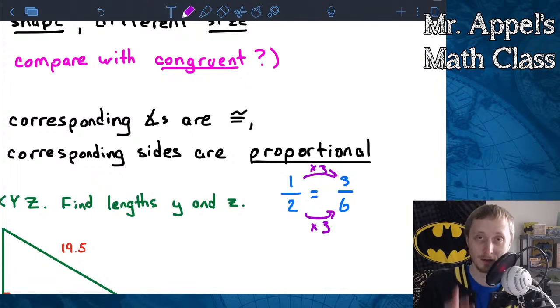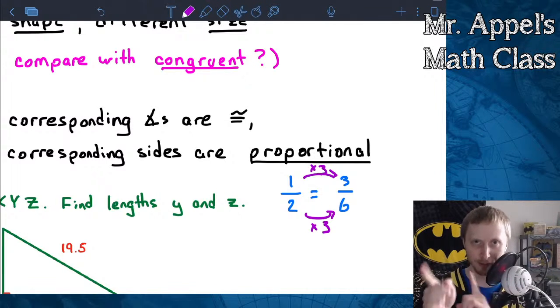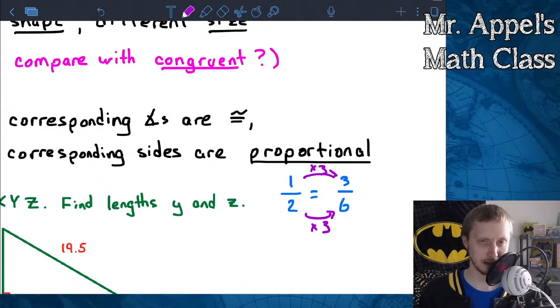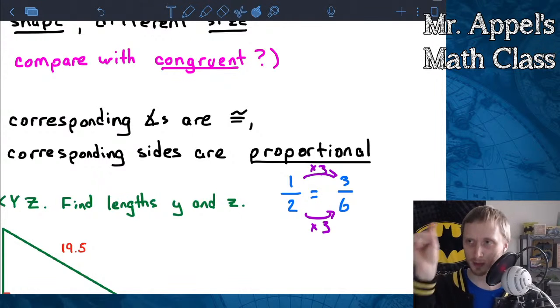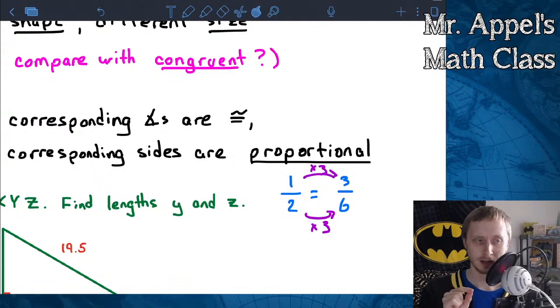When you go from one triangle to the other, you should be multiplying by the same thing, as long as you're matching the corresponding sides. And that's something that you'll either have to look at and figure out, okay, this one matches up with that one based on the order they're in, or if they list them for you.